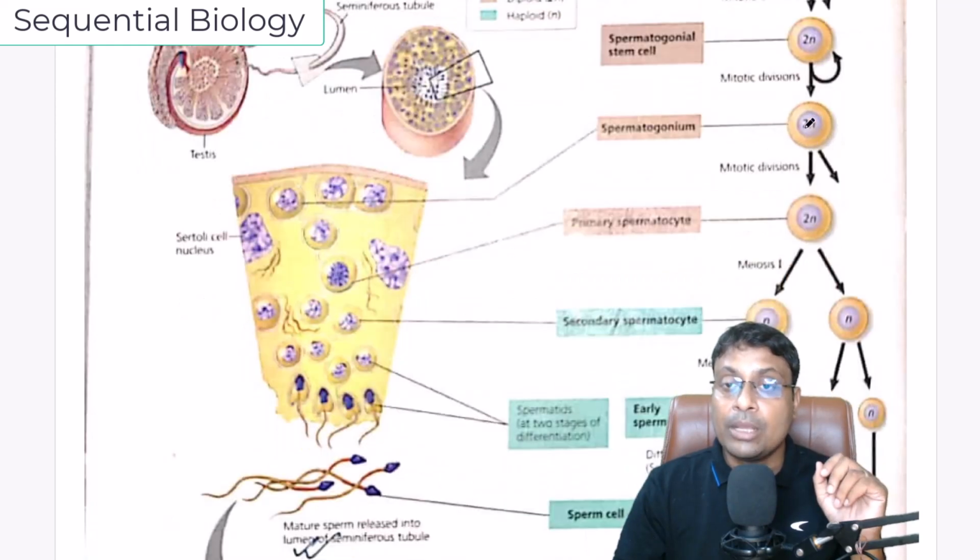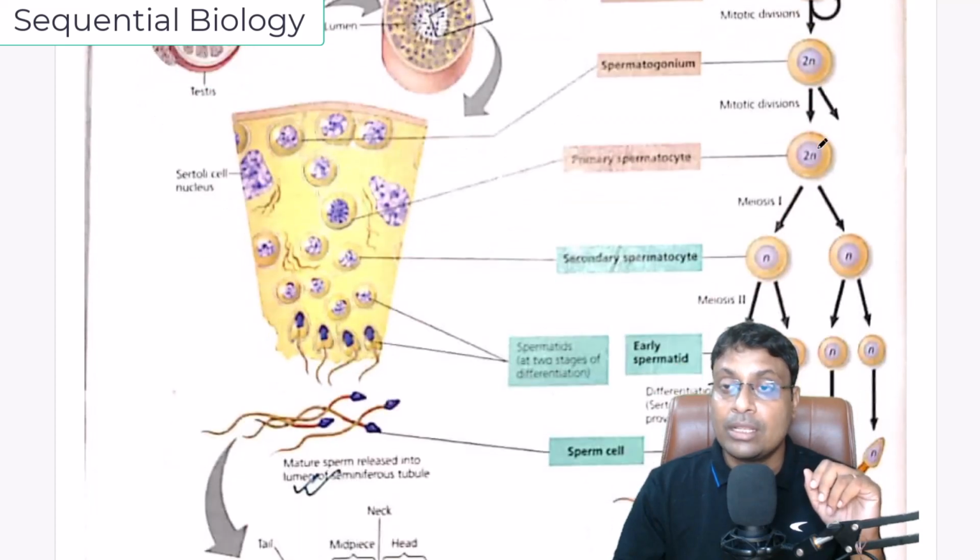This spermatogonium, by the process of mitotic cell division, will produce the primary spermatocyte, and this primary spermatocyte undergoes meiosis 1. Here you can see the primary spermatocyte is diploid, and meiosis 1 is reductional division, so by the process of meiosis 1, the secondary spermatocytes are produced, and these secondary spermatocytes are haploid because meiosis 1 is reductional division.